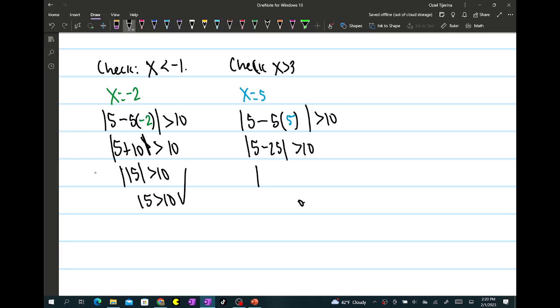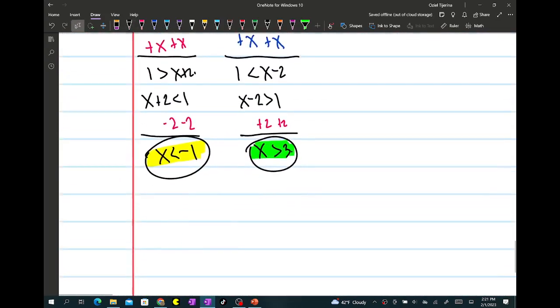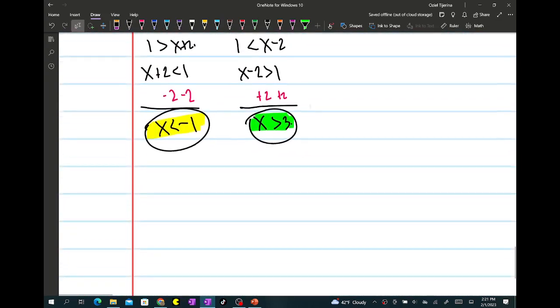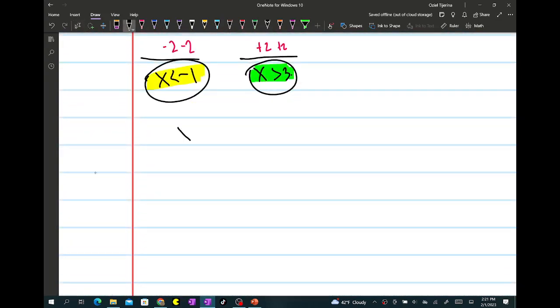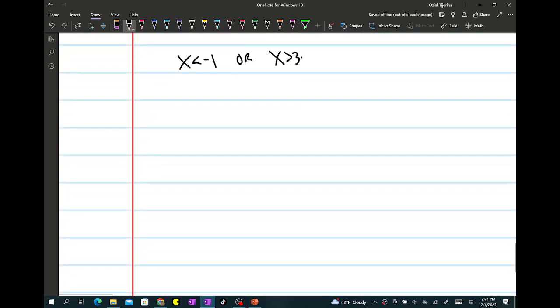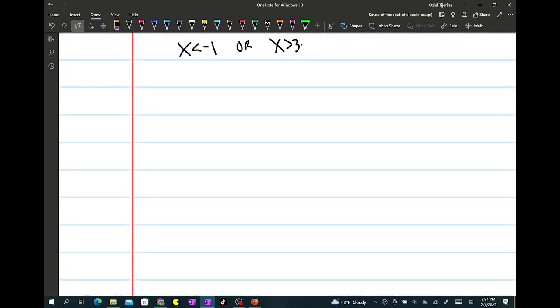So then I get the absolute value of -20 is greater than 10, so 20 would be greater than 10. So it would still satisfy that inequality. Now, that means that my inequality for this is going to be x is less than -1 or x is greater than 3. So when I graph it, hold on.